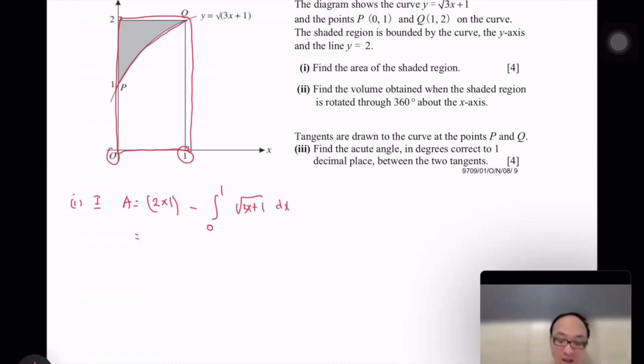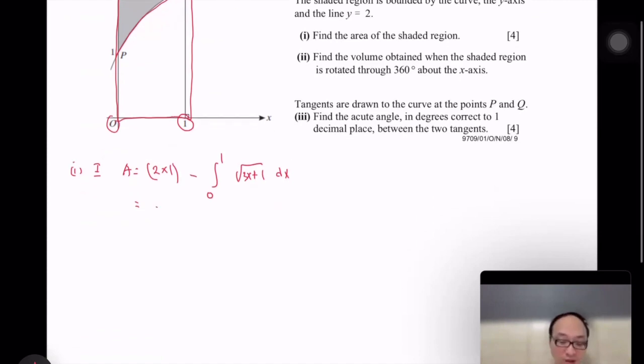This equals 2 minus, we integrate this, so (3x plus 1) to the power of half plus 1 is 3/2. So 2/3 and then divided by 3 again, from 0 to 1.